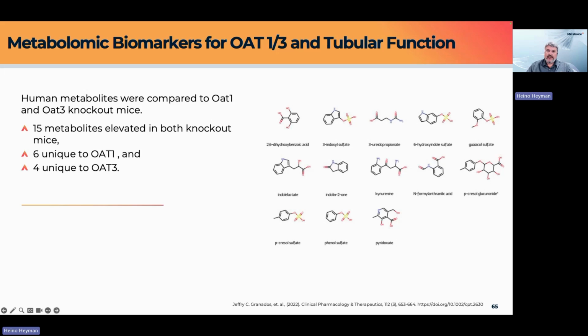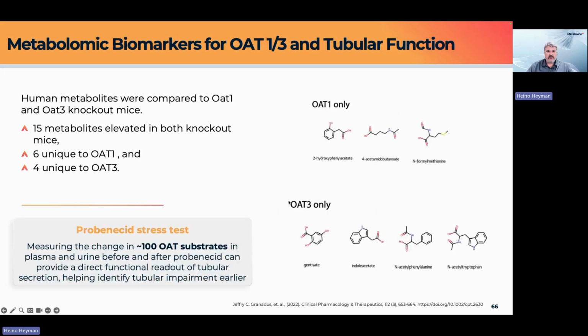From that data, they identified quite a large number of metabolites changing again, but specifically 15 metabolites were significantly elevated in both knockout mice, with 6 being unique to OAT1, of which they were able to get 3 unique chemical structures, and 4 were unique to OAT3. So these are potential endogenous biomarkers of OAT function.